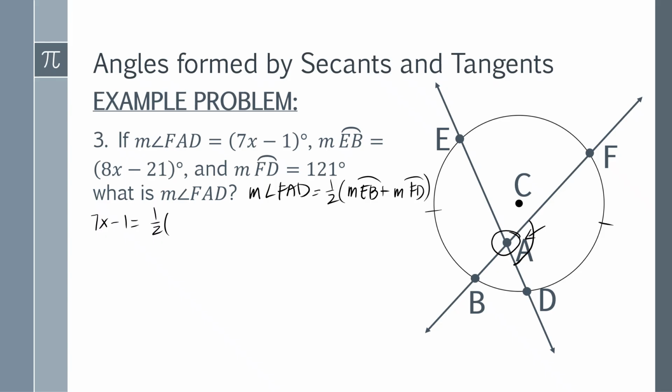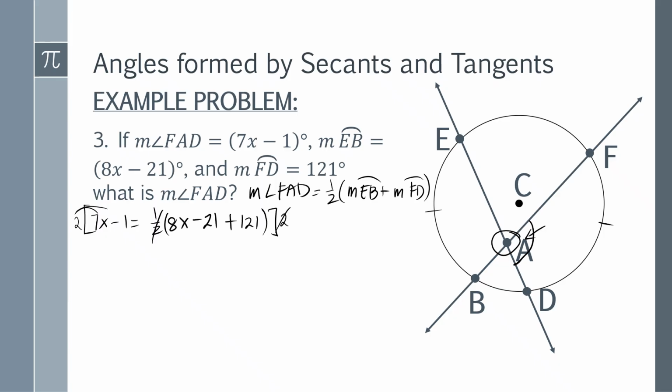So therefore, the measure of arc EB, which is 8x minus 21, plus the measure of arc FD, which is 121. And since there is a half, you have to multiply both sides by 2 to eliminate the 1 half. Then distribute on the left side.